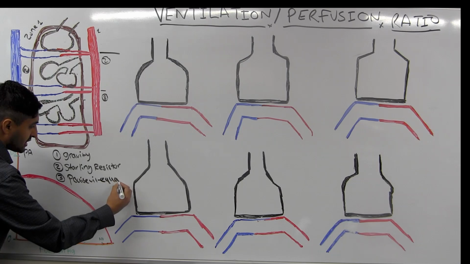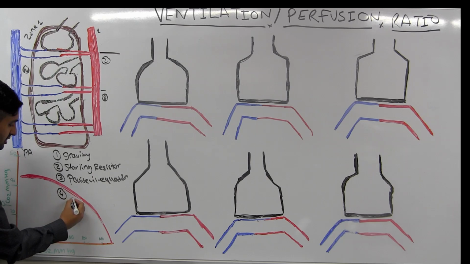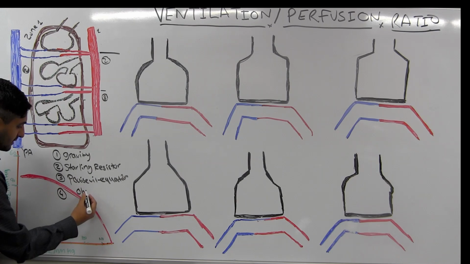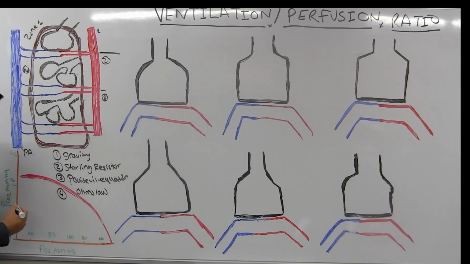I don't know how to spell this, but when I talk about it, you'll know. And maybe we can also mention Ohm's law, if you want to know. All right, Ohm's law, and let's start from Ohm's law.